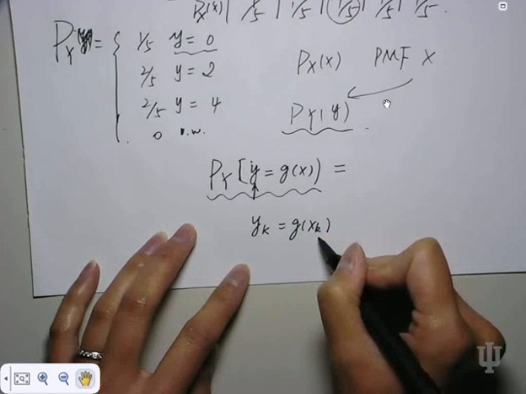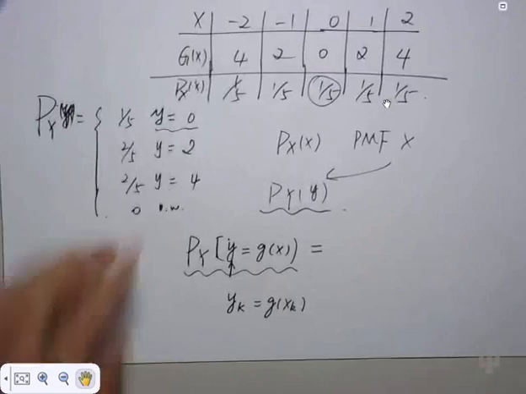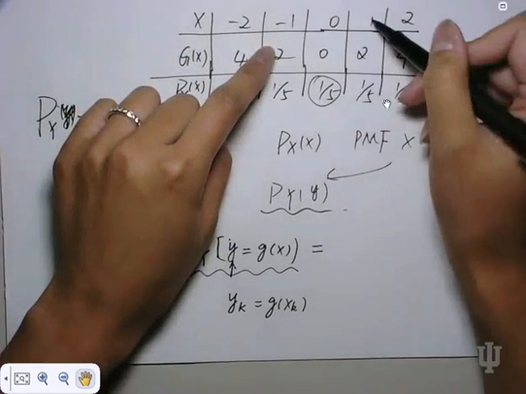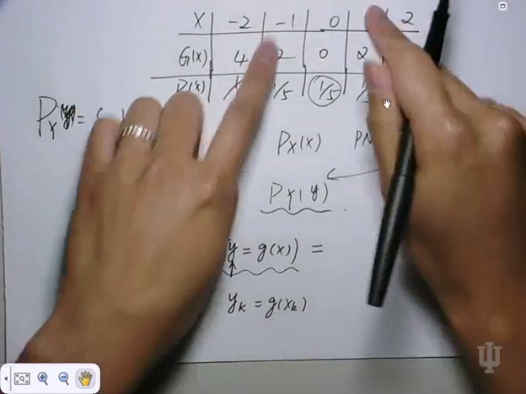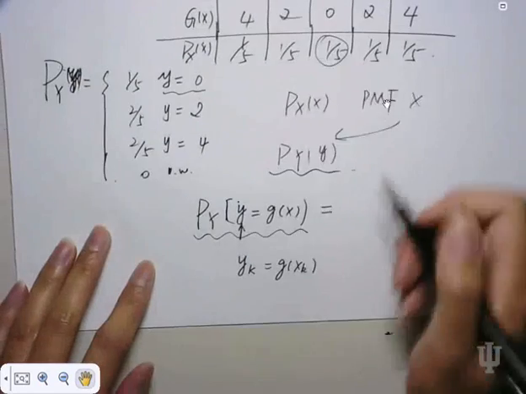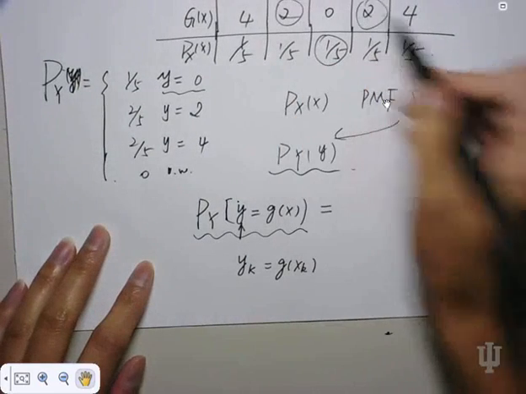And it can be multiple. First, negative and positive 1, both of them give me 2 for y, right?